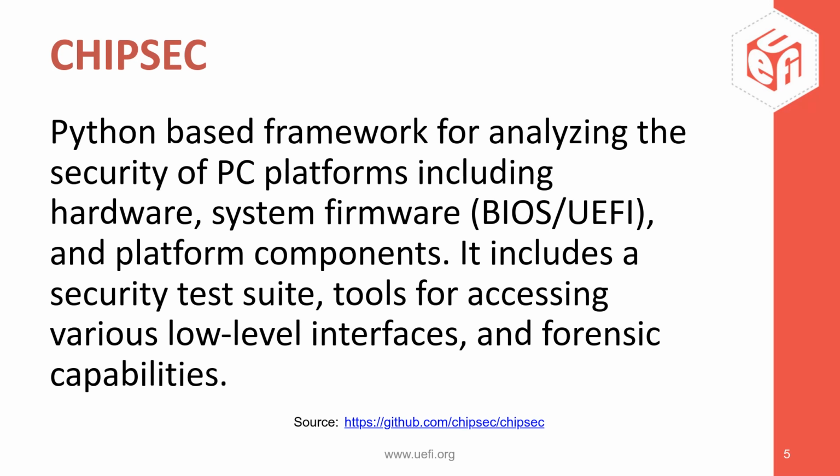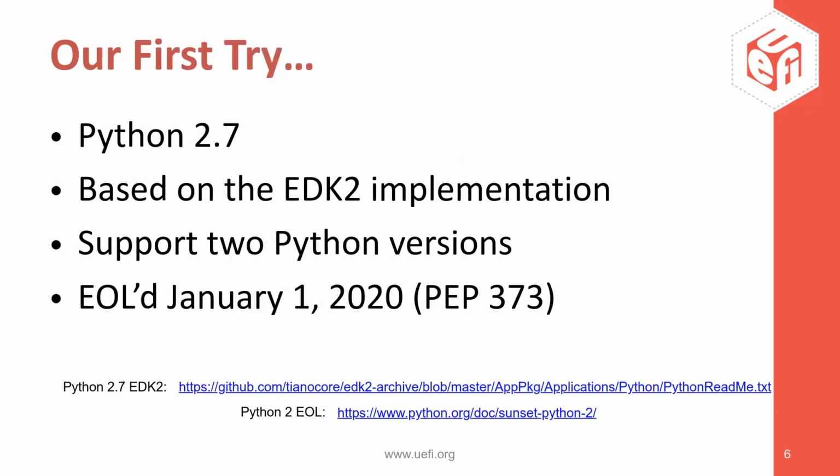And here's some background. Our first Python for the shell used the Python 2.7 implementation from the EDK2 UDK 2010 sources initially. I believe we rebuilt it later using a subsequent version of the UDK. If I recall right, it was more of an experimental release of the Python EDK2 implementation, but it did work very well.